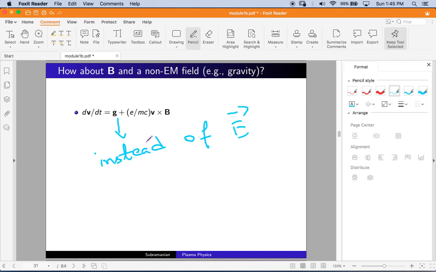Okay, so simply because of this, and given the fact that we already understand drifts in crossed electric and magnetic fields, we can immediately write down what kinds of drifts you would expect in crossed gravitational and magnetic fields.